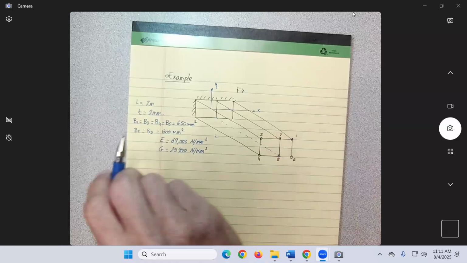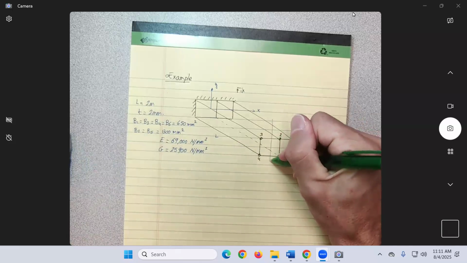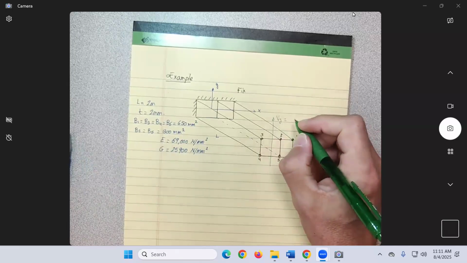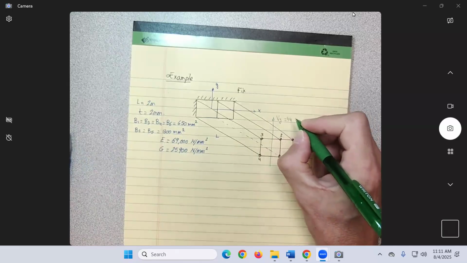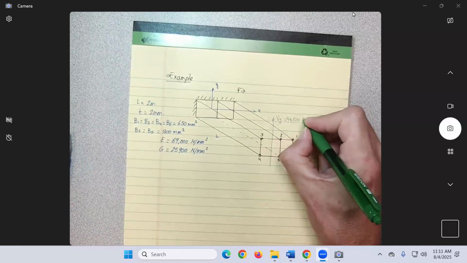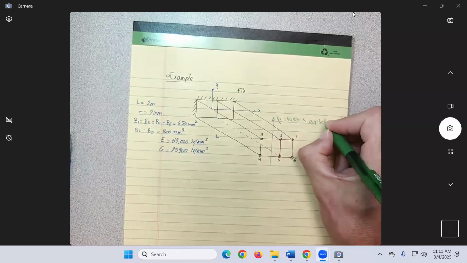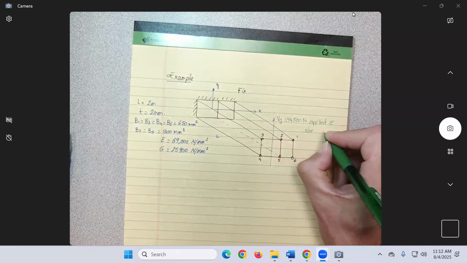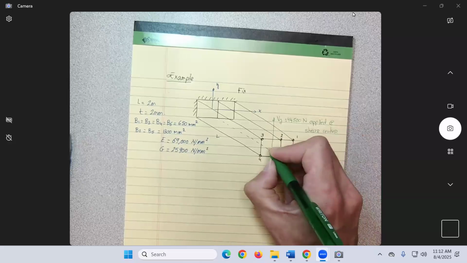And here you have a force Vy equal to 44,500 newtons applied. This is important, at the shear center.